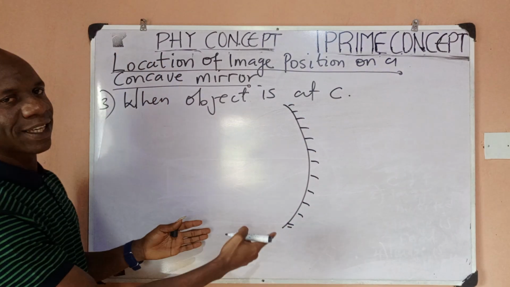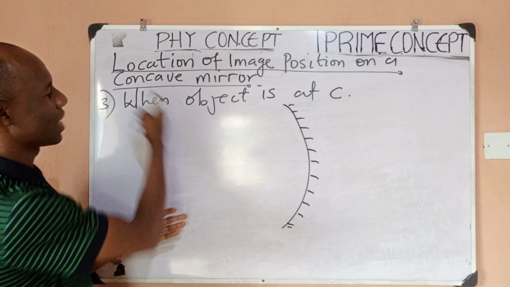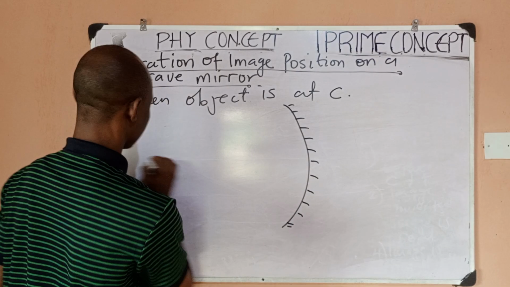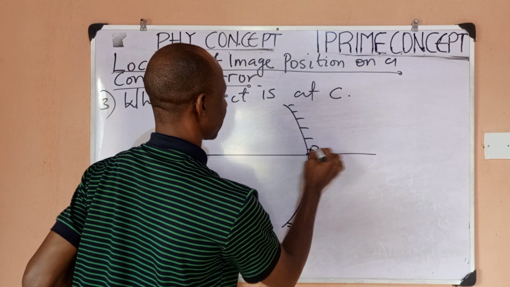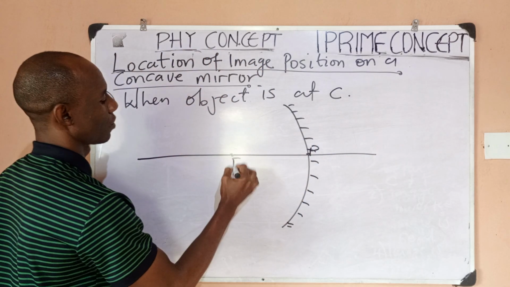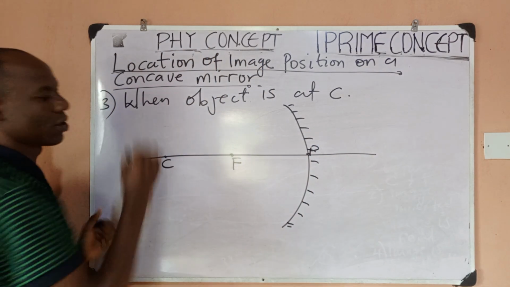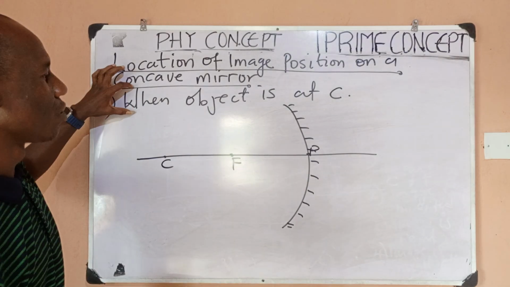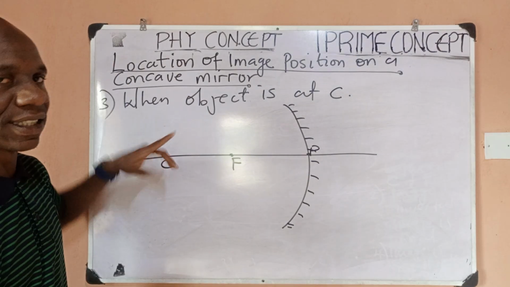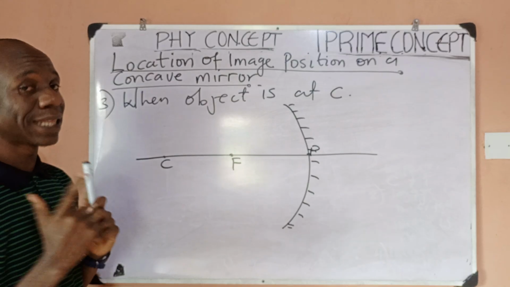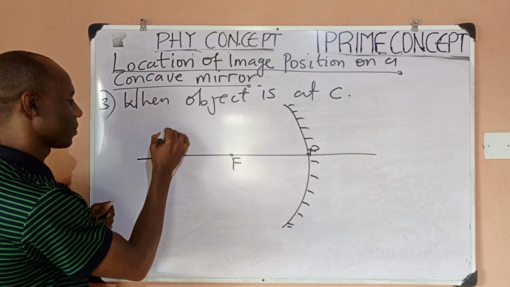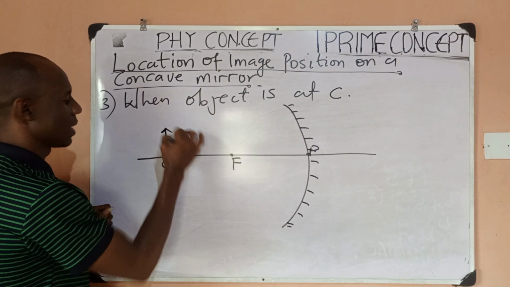So this is our concave mirror, because that is what we are still looking at. Now I have my principal axis. This is my focal point. This is my center of curvature. Remember, we're trying to look at when the object is placed at the center of curvature. And I told you we denote an object with straight lines pointing up. So this is my object.